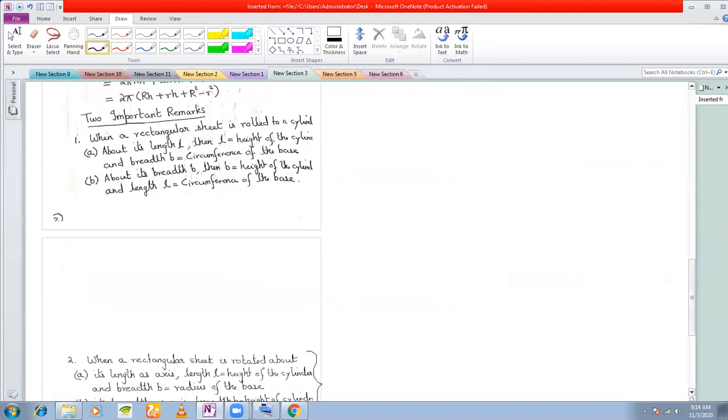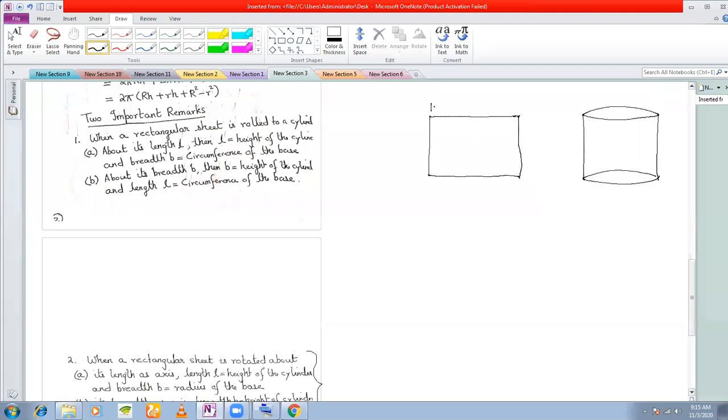When a rectangular sheet of paper is rolled into a cylinder, I gave you a demo of all this in class 8. When this is rolled in the form of a cylinder, then what happens?